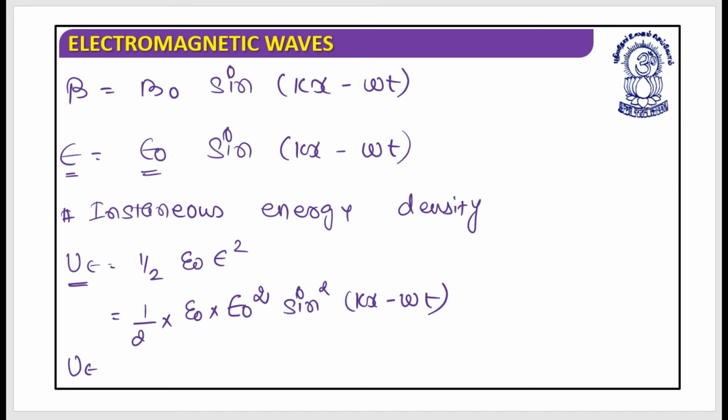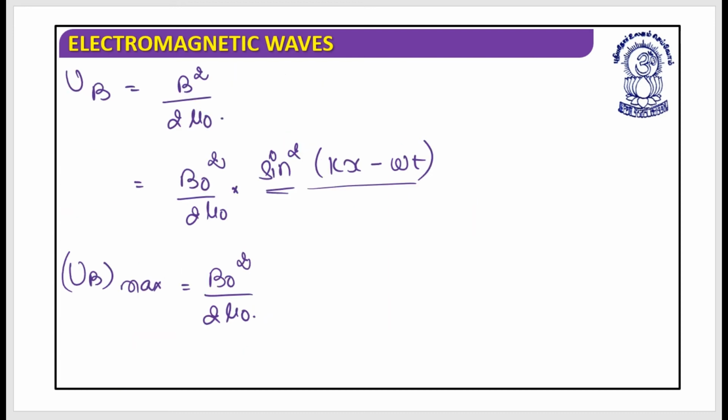This is U_E maximum when this term becomes 1, and this is equal to 1 by 2 into epsilon naught into E naught square. Yes, so I got the maximum value of U_E, the energy density of the electric field, and the maximum value of the magnetic field energy density.